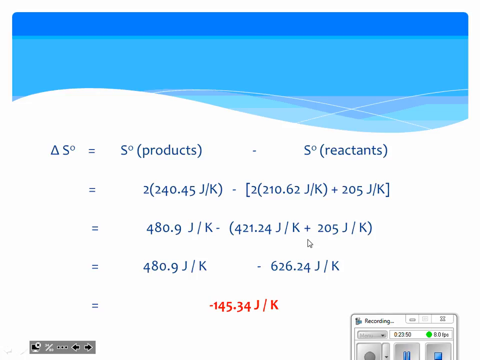So am I getting more ordered? Yes, I'm losing entropy. Well, these are values per mole, okay? These are values per mole. But do you understand the math of it?